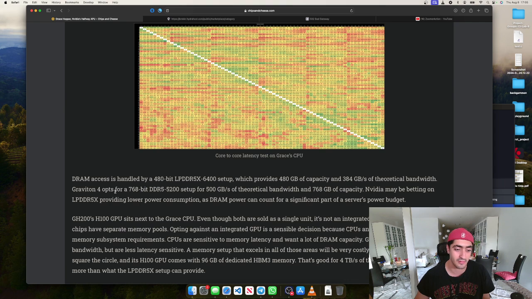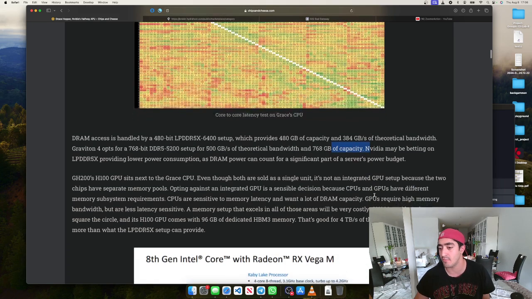Graviton 4 opts for a 768-bit DDR5-5200 setup for 500 GB per second of theoretical bandwidth and 768 GB of capacity. Nvidia may be betting on LPDDR5X providing lower power consumption, as DRAM power can count for a significant part of a server's power budget.